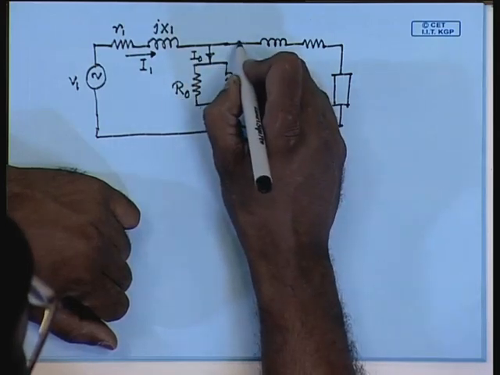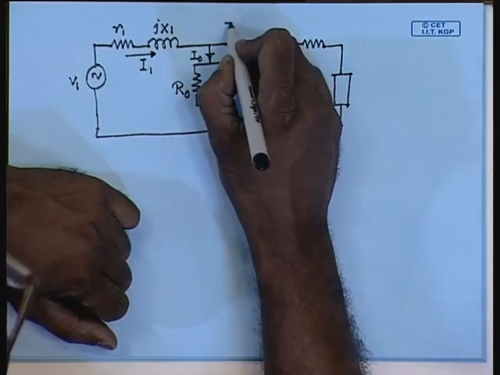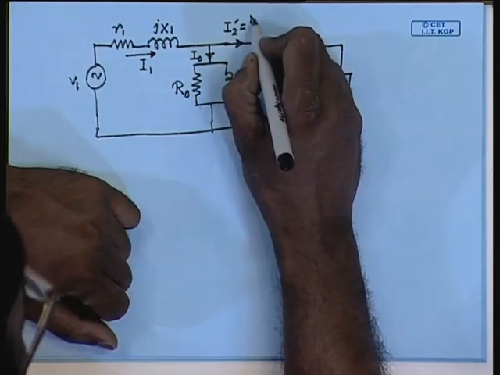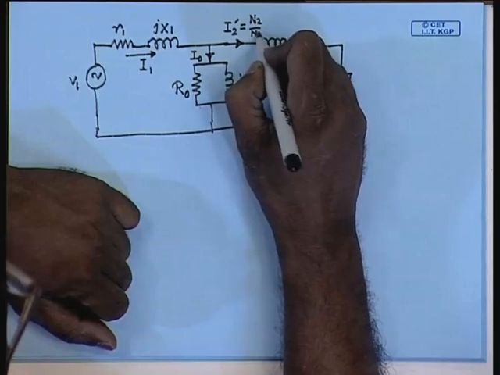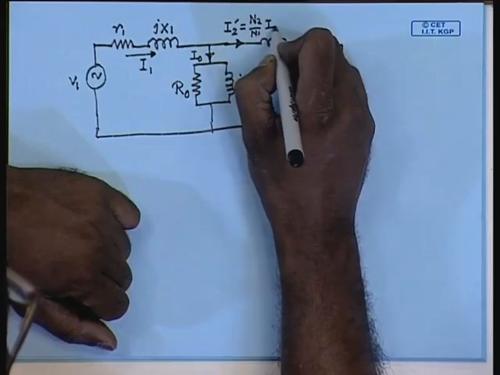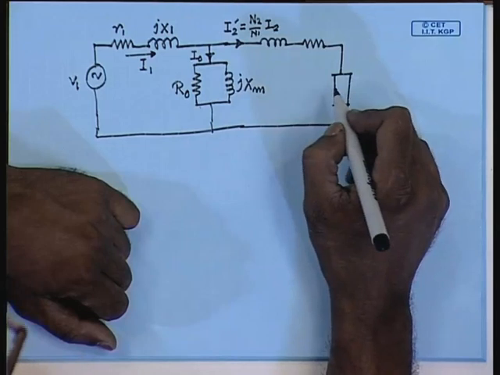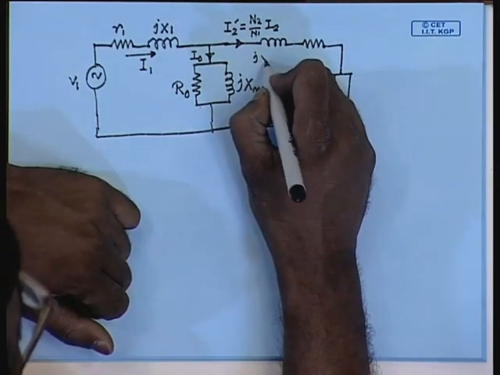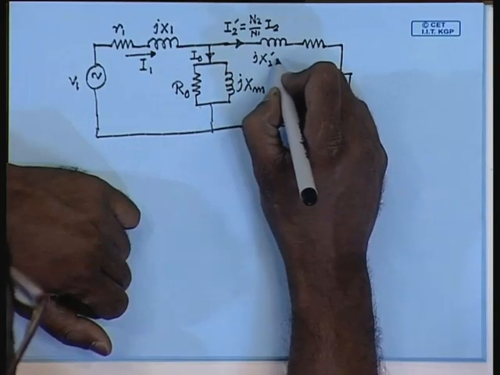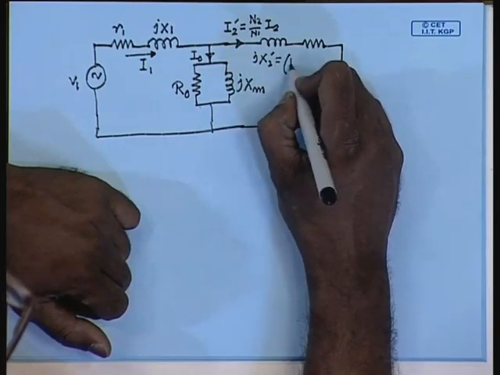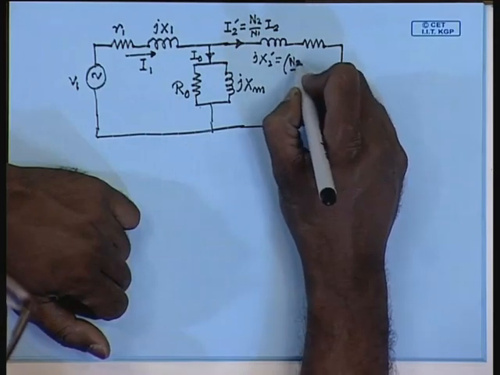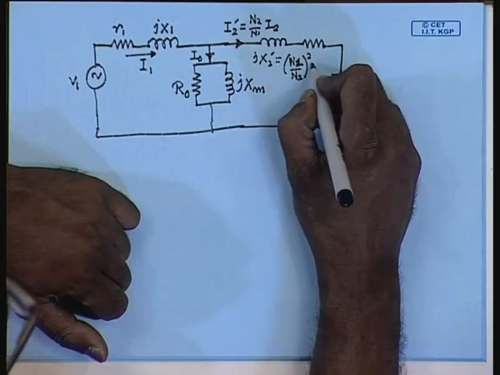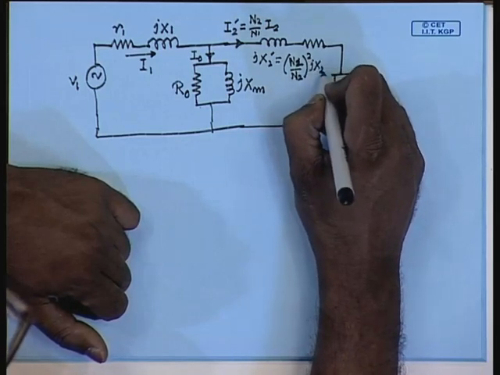The secondary current I2 will now be replaced by I2 dash given by N2 by N1 into I2. The secondary leakage reactance jX2 dash is given by (N1 by N2) square jX2.